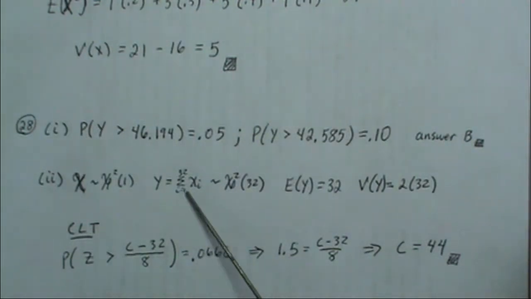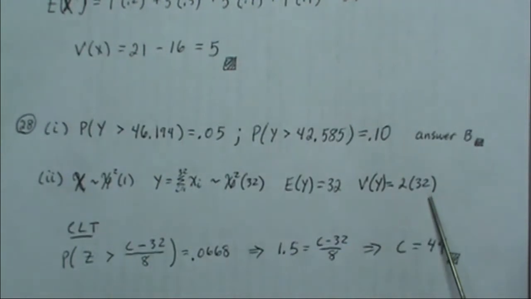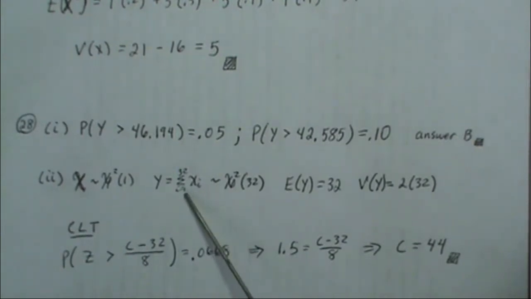So if we let Y be this sum, that's chi-squared 32, which has an expected value of 32 and a variance of 2 times 32. Well, the central limit theorem says that when you're adding up a bunch of variables, and of course the second moment has to be finite, or the variance has to be finite, then it follows a normal distribution.